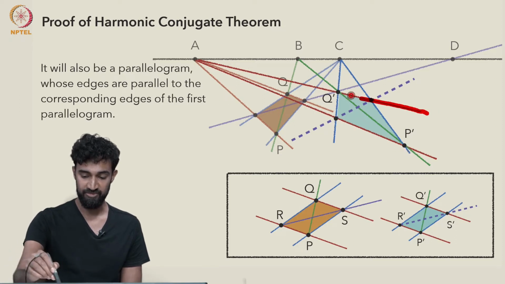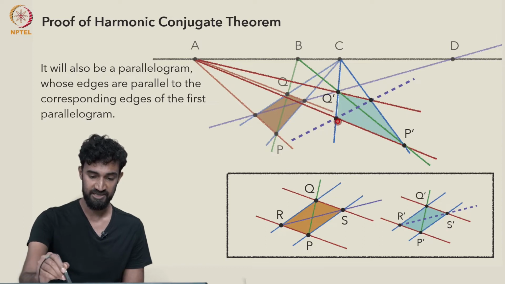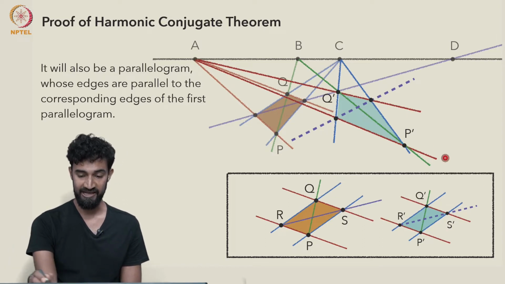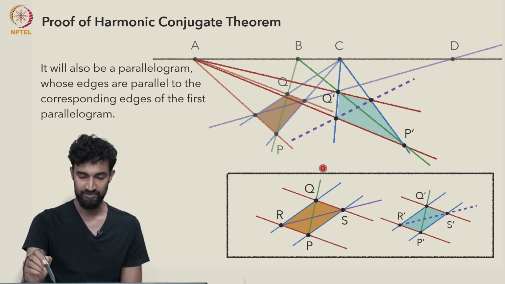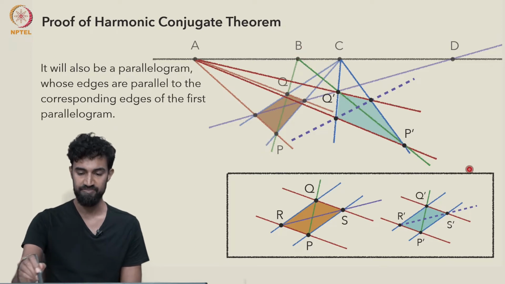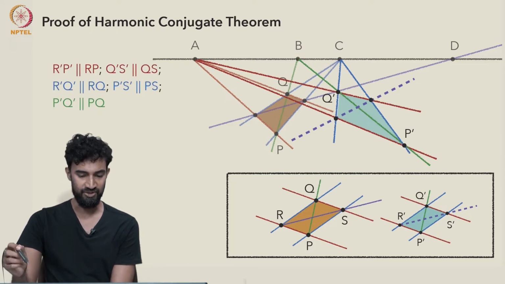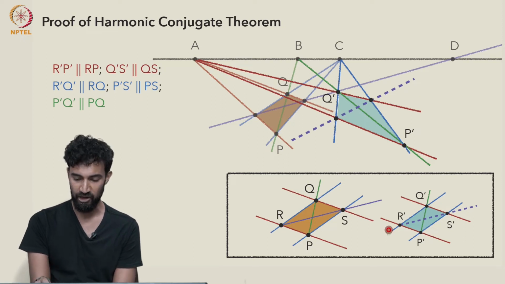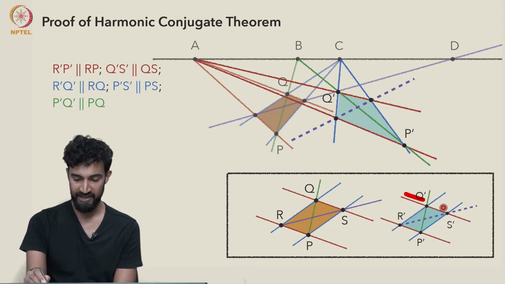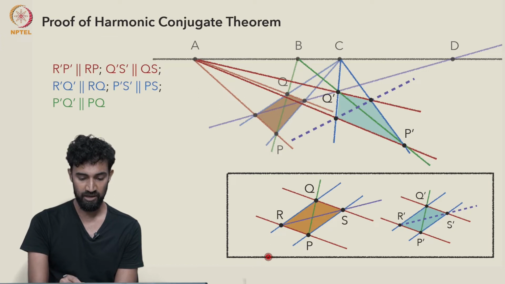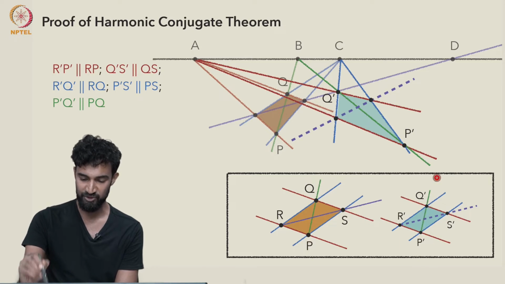The top and bottom edges are going to be parallel to these edges because they share this vanishing point A. And even its green diagonal is going to be parallel to this green diagonal because they both share this vanishing point B. So in particular, R prime P prime is parallel to RP, Q prime S prime is parallel to QS, R prime Q prime is parallel to RQ, P prime S prime is parallel to PS, and PQ is parallel to P prime Q prime.